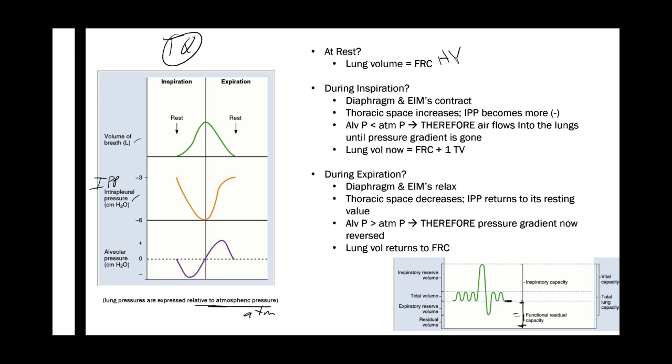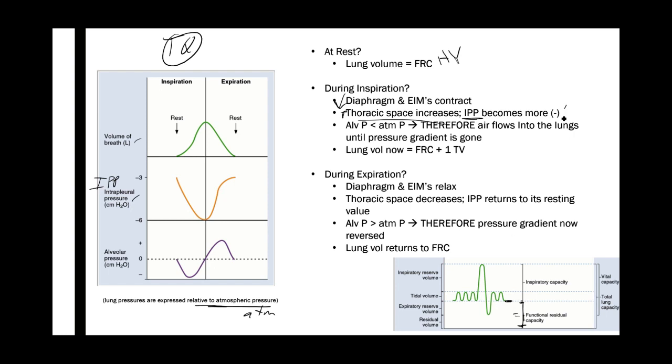Now, what happens when you take a breath in? The diaphragm and the external intercostal muscles contract. And what happens when the diaphragm contracts, this is important to remember, it goes down. So the thoracic space increases, right? That makes sense. And remember Boyle's law, we're increasing the volume of the thoracic space, so the pressure will go down, right?